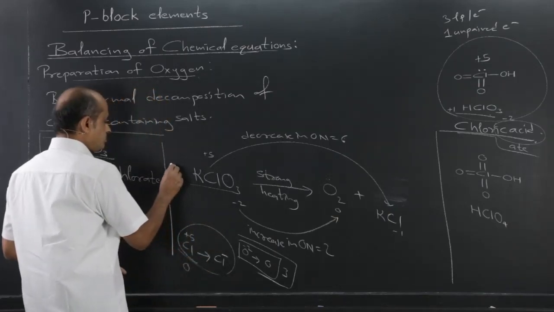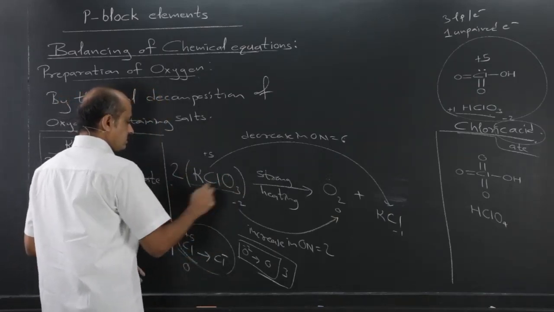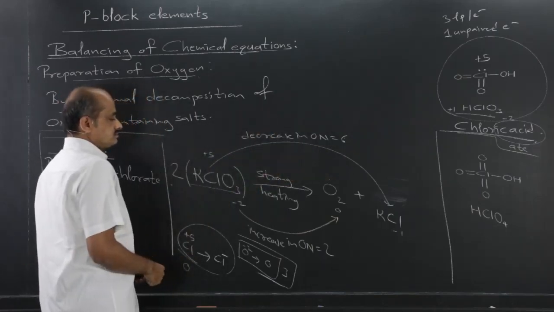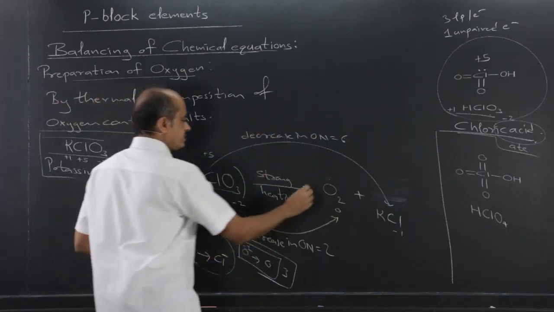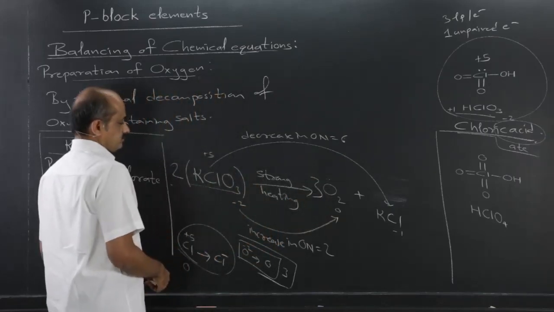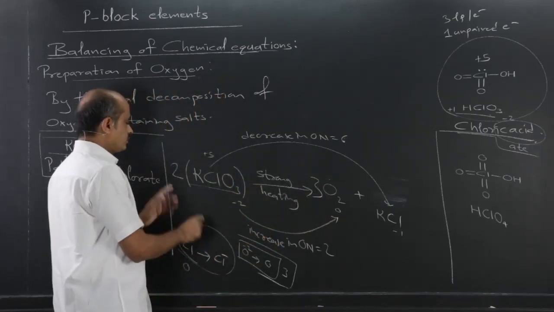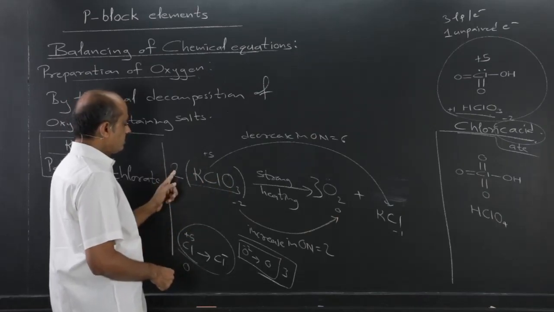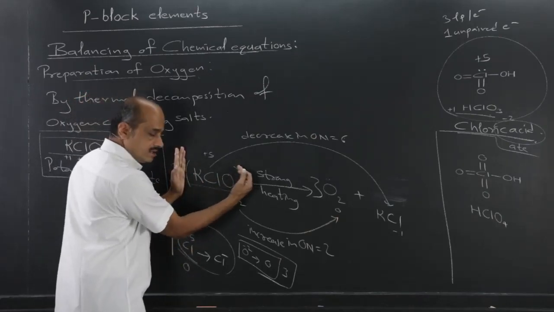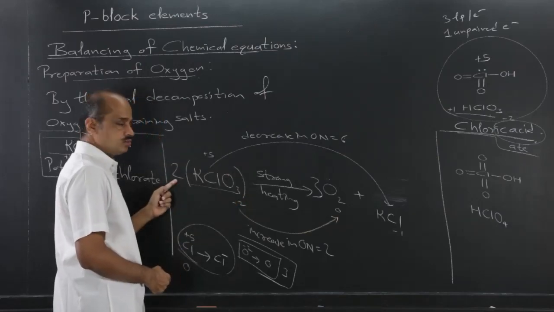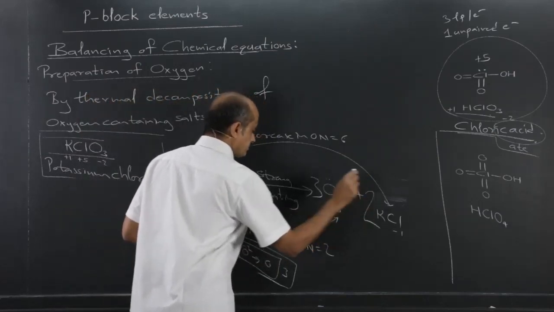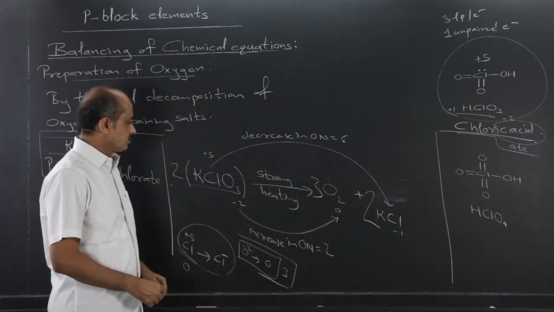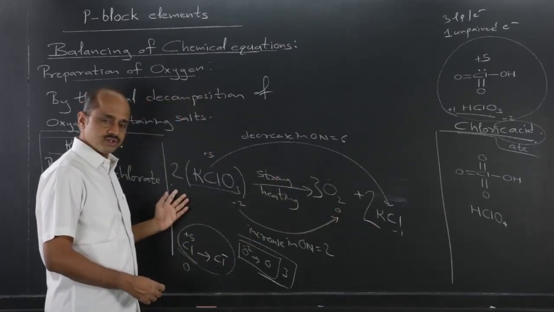Therefore, if I take 2 molecules of KClO3, means for 2 atoms of chlorine plus 5 to minus 1, 6 atoms of oxygen means 3O2, 6 atoms of oxygen. So automatically the elements also are balanced. And therefore total 2 molecules of KClO3 means potassium are also 2. Let me balance potassium. Automatically chlorine gets balanced. So this is how the reaction we should study.